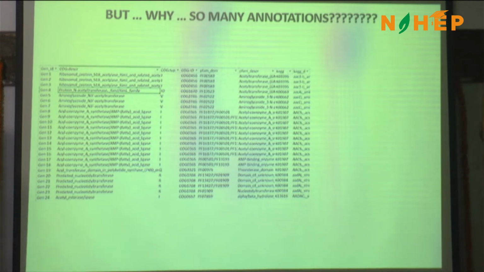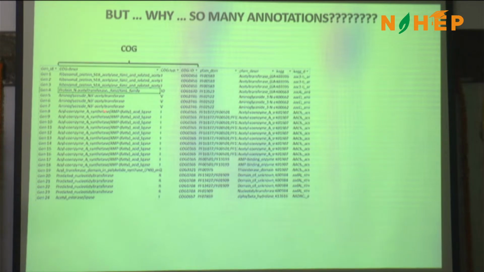Do you see this? No. Well, the question is, indeed, why so many annotations? Why do we use so many? Well, this is a table of our genome annotation, the genes, yeah? In this column, you have all the genes.